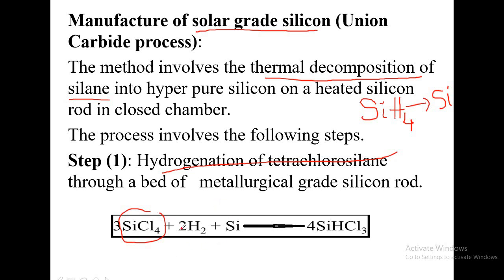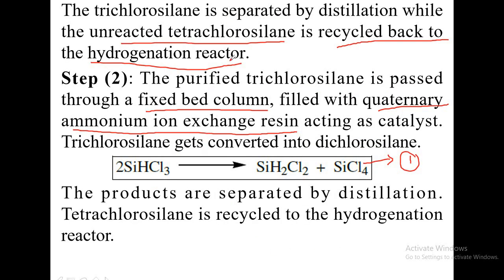Upon hydrogenation in the presence of metallurgical grade silicon, the first product obtained is trichlorosilane. Along with that you get a small amount of unreacted tetrachlorosilane.